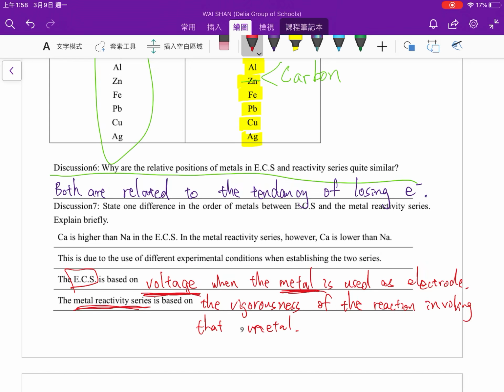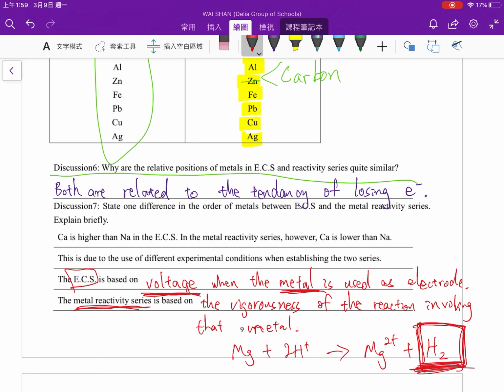okay. For example, magnesium plus hydrogen ion will give hydrogen gas, and the magnesium will change to magnesium ion. Then we measure how vigorously the hydrogen gas is given out. We measure the rate of formation of the hydrogen gas.